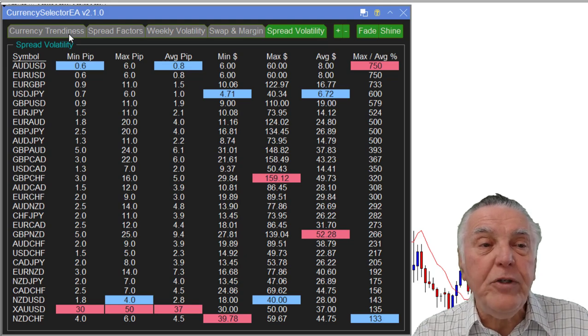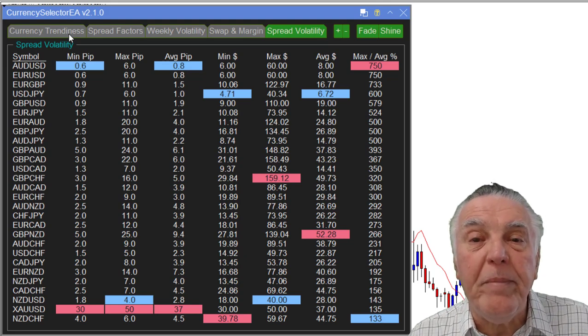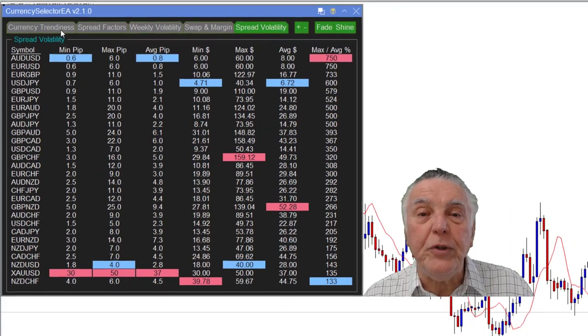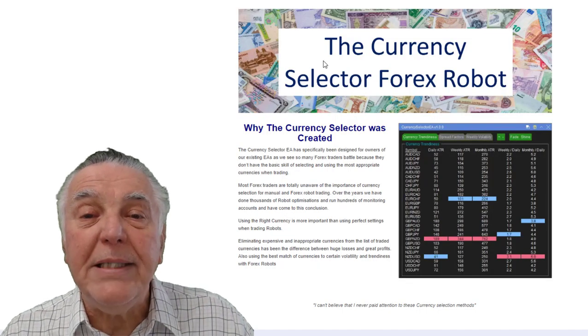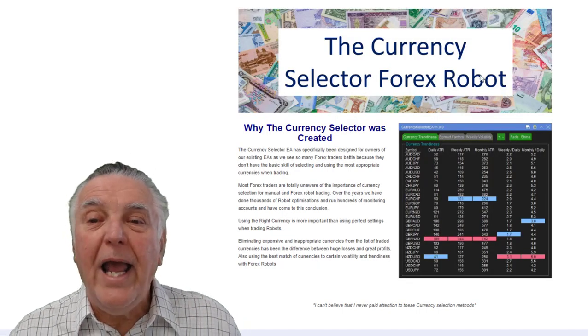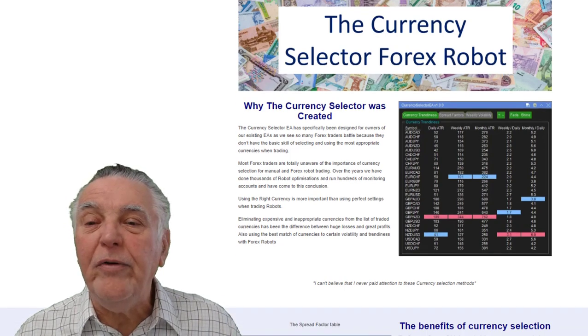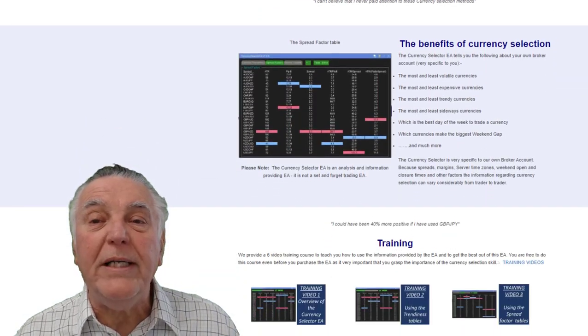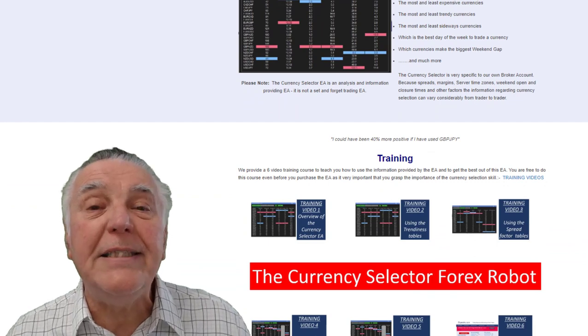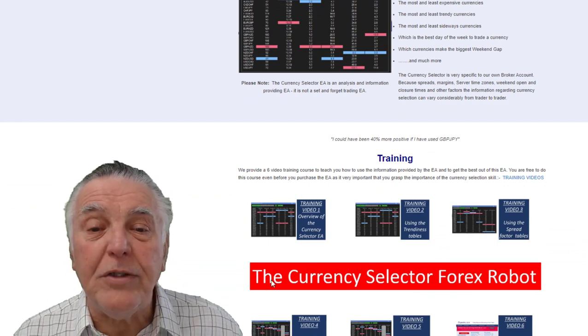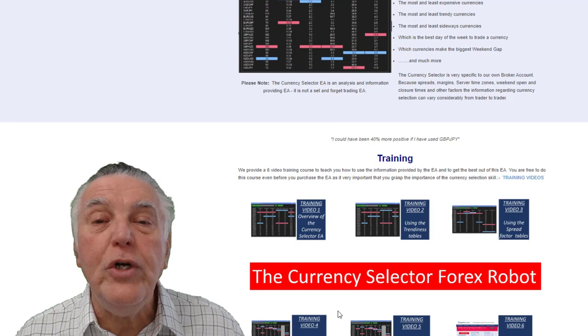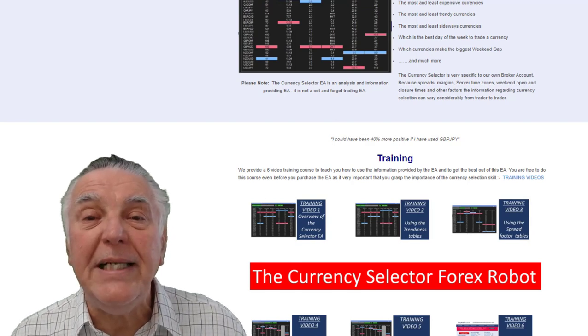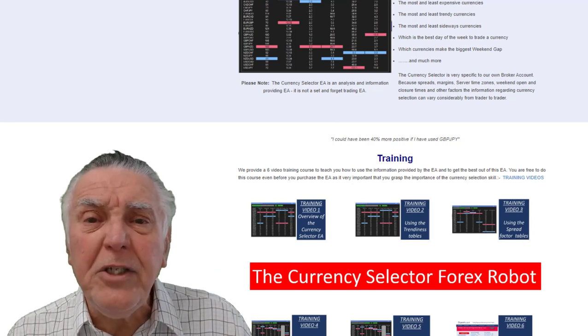I won't go into that, but if you want more information, what I suggest you do, go to our website where the currency selector is showcased, and just scroll down and read more about it. But what is good about it, there are 6 training videos, so you can actually go and learn what this currency selector does and why it is such an important tool.